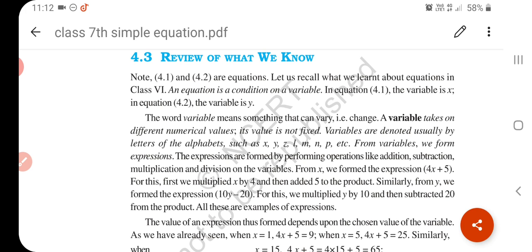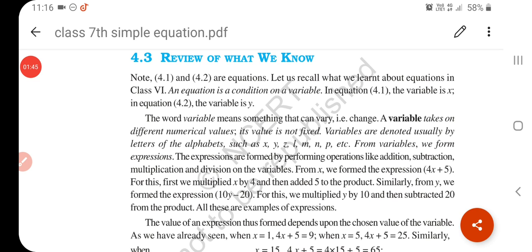Our previous chapter, chapter number 12, is algebraic expression. In algebraic expression there is no equal to sign, but in simple equation there is an equal to sign. Okay, understand?